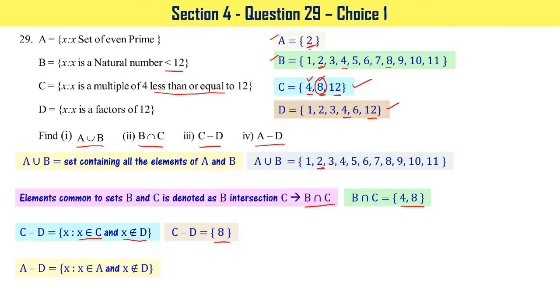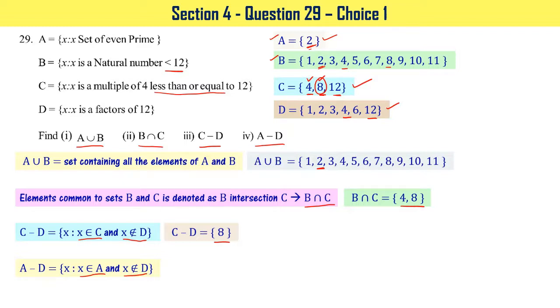A minus D is defined as the set containing elements X such that X belongs to A and X does not belong to D. Here if you see, 2 is there in set A, right?